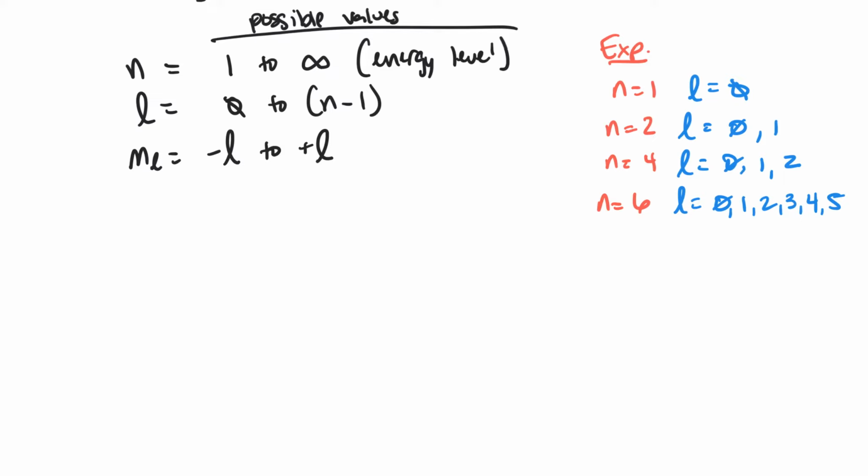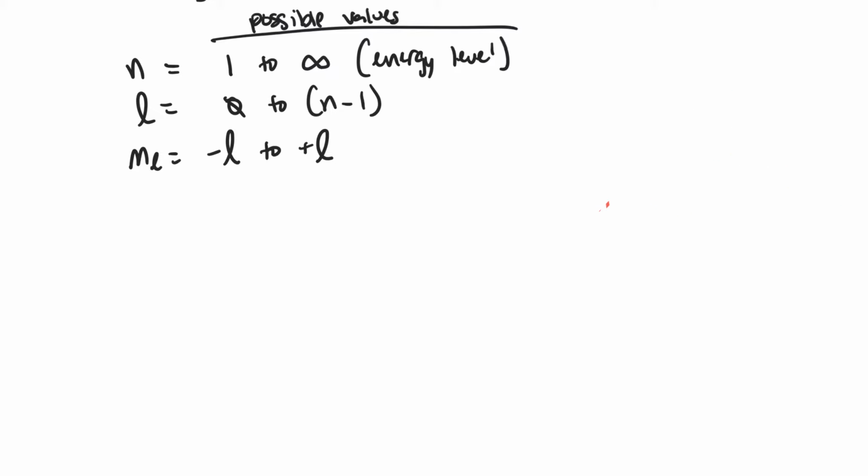Let's look at a couple of examples of what I'm talking about. Let's say if L is equal to 2. Well, what are the M sub L values? For M sub L, it's negative 2, negative 1, 0, 1, and 2.